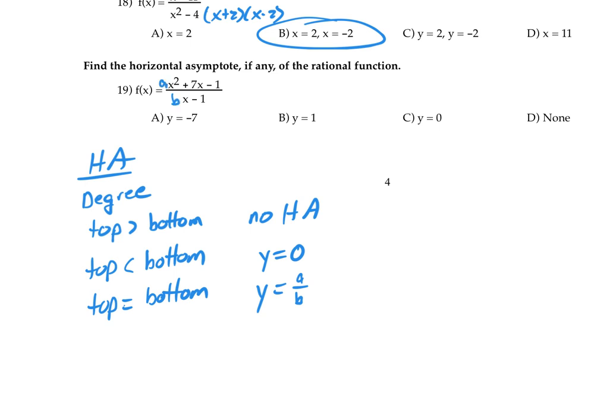And your A and B value would be like the numbers in front of your leading coefficients. In this case, they would both be 1. Okay. But this one has a degree of 2 on top, a degree of 1 on bottom. So the top is bigger than the bottom. So this one would be no horizontal asymptote. Okay. So you just kind of have to remember the rules for that one.